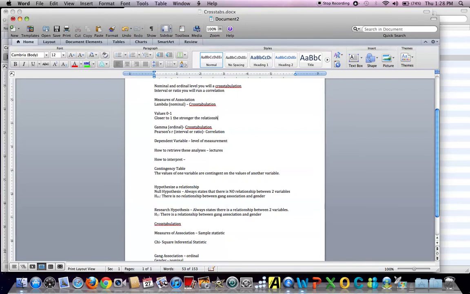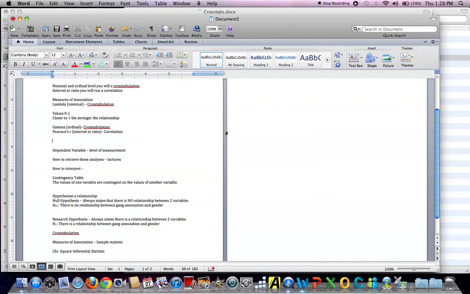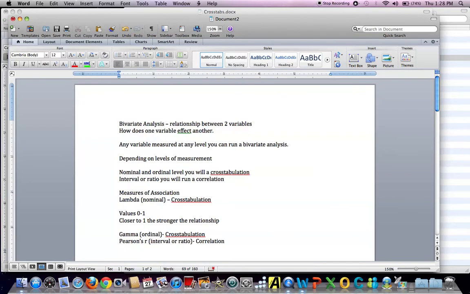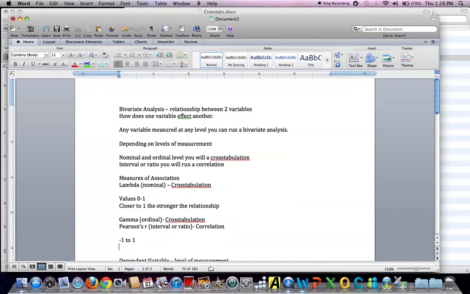Gamma and Pearson's R go from -1 to 1, because they can actually show direction.